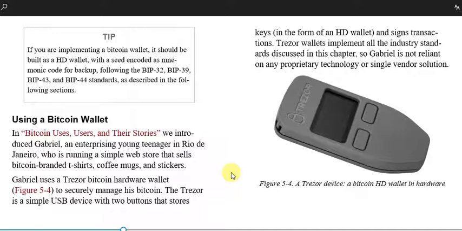The Trezor is a simple USB device with two buttons that stores keys, in the form of an HD wallet, and signs transactions. Trezor wallets implement all the industry standards discussed in this chapter, so Gabriel is not reliant on any proprietary technology or single vendor solution. Figure 5-4. A Trezor device, a Bitcoin HD wallet in hardware.